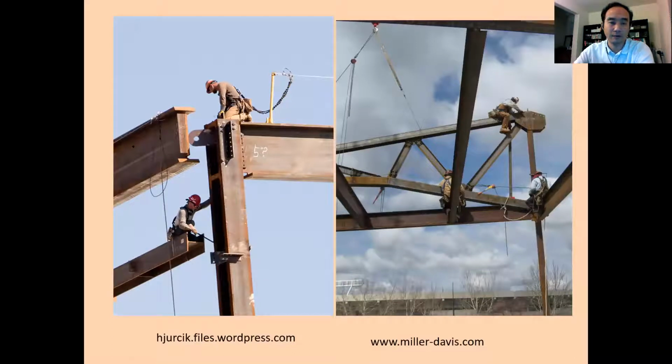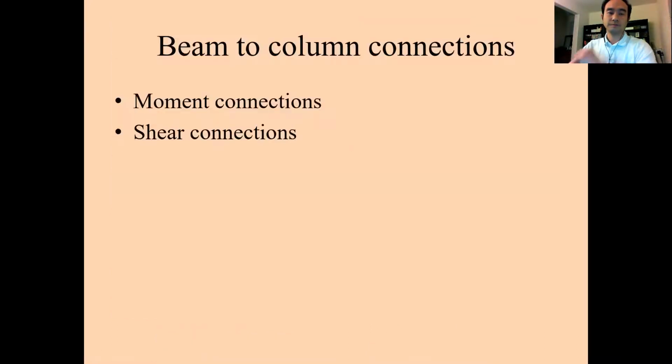So here you can see the brackets welded to the column, right? And this bracket will connect to the beams like this. There is another one here. I think this one is attached to the web of this column, and that will connect this column to the beam. So those are the real world examples.